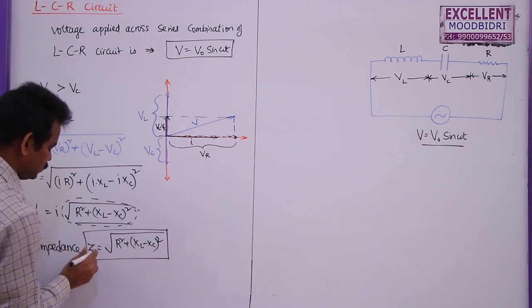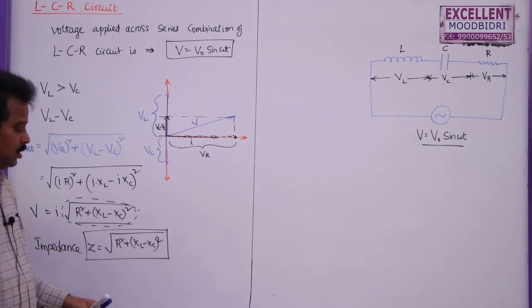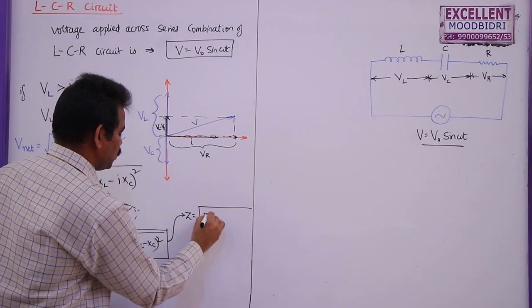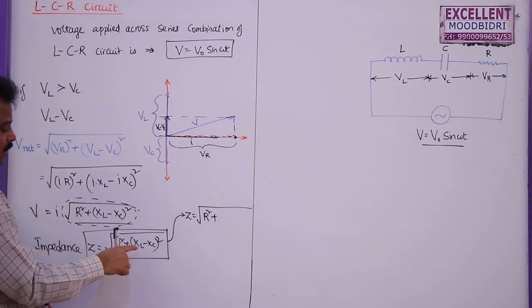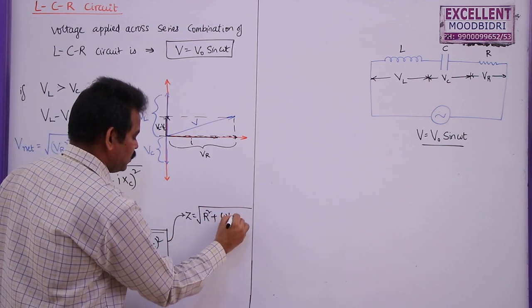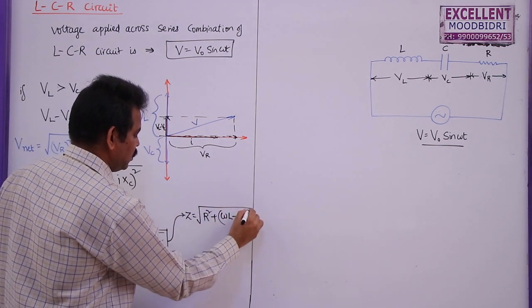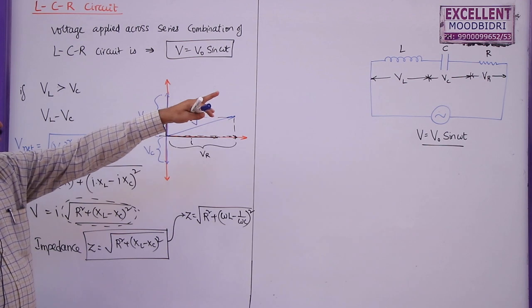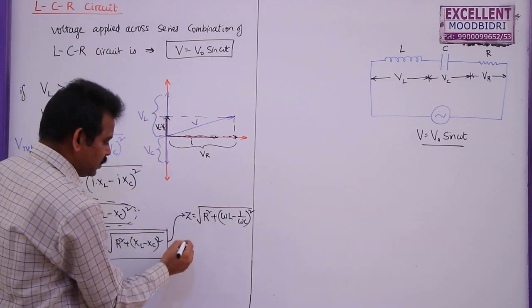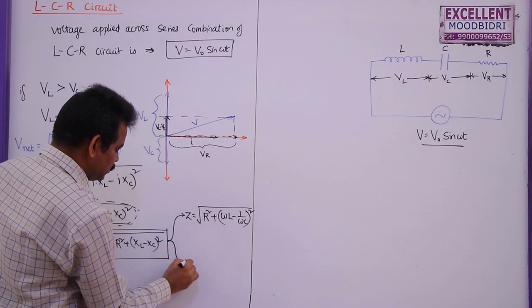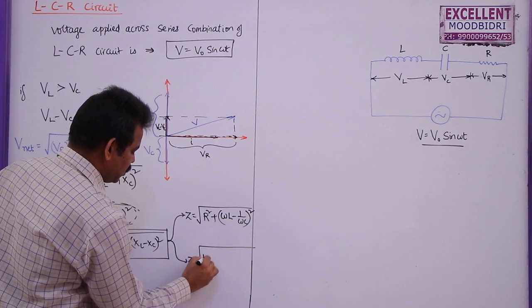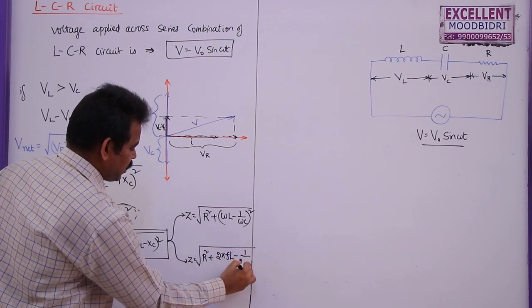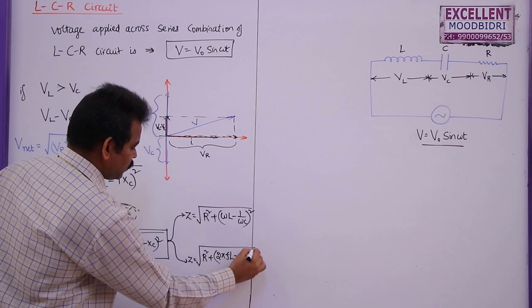We know the XL and XC values, so by substituting these we can write Z is equal to root over R square plus omega L minus 1 by omega C whole square. So this is how you can find the impedance of this series LCR circuit. This can also be written as Z is equal to root over R square plus 2 pi FL minus 1 by 2 pi FC whole square.